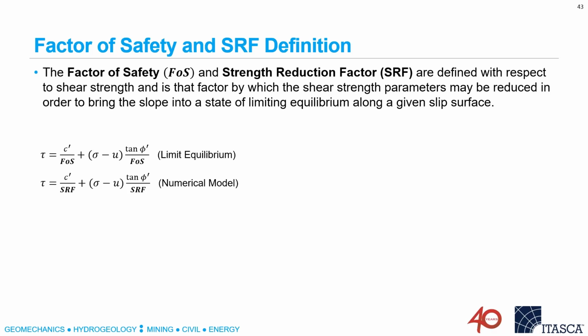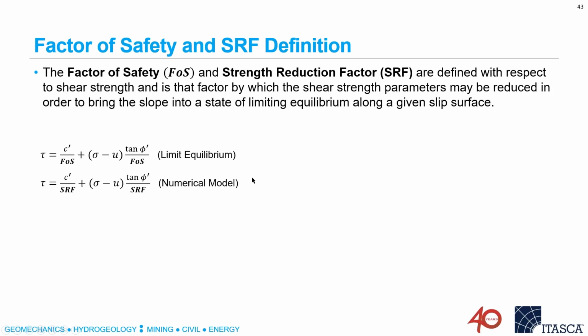There are people that say, well, factor of safety is limited to limit equilibrium, and strength reduction factors or shear strength reduction methods are different. So they really are not. The equations are identical. In the limit equilibrium, we simply divide the cohesion and the friction by a safety factor.